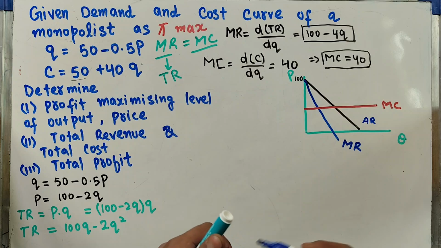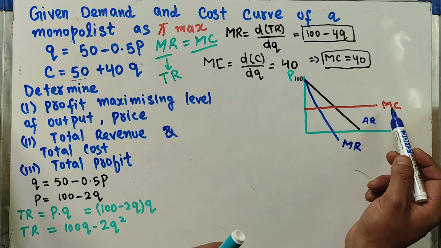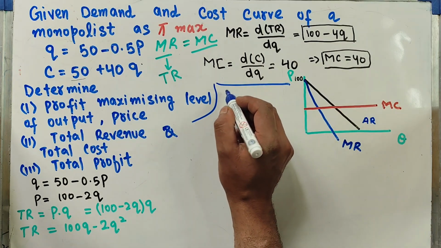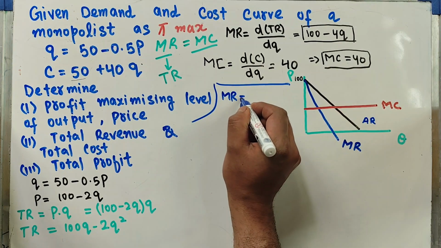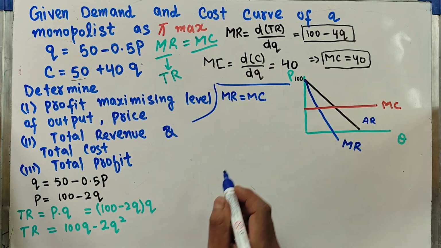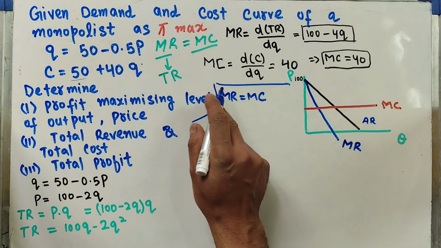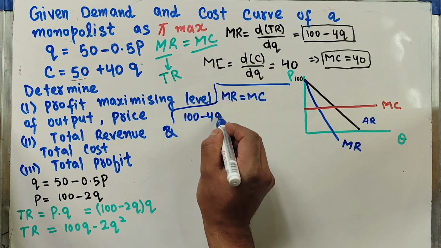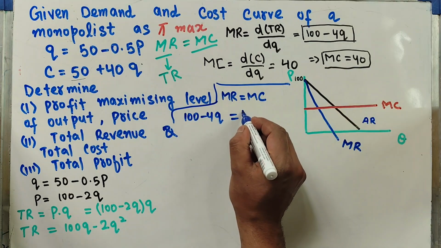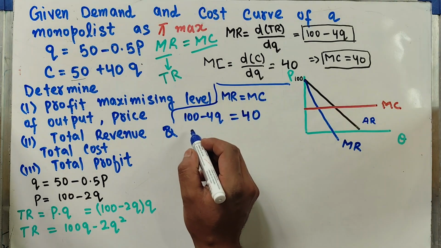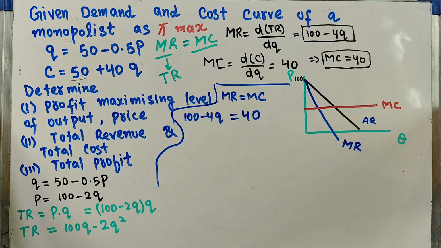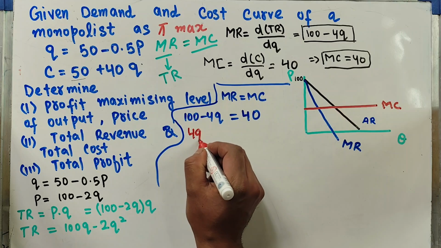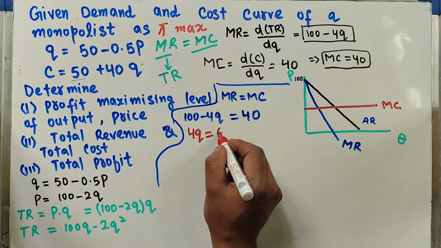Now profit is maximized when marginal revenue equals marginal cost, as we have shown here. Marginal revenue is 100 minus 4Q, and we equate it with the marginal cost, which is 40. Solving for Q, transposing, 4Q is equal to 100 minus 40, which is 60.